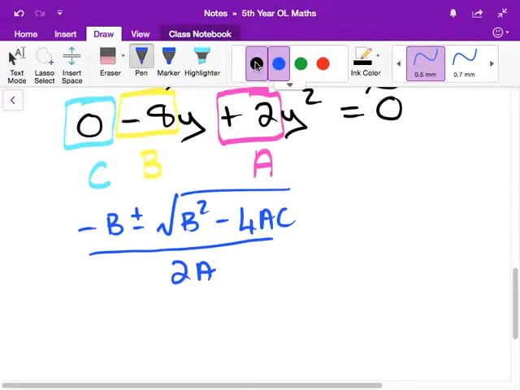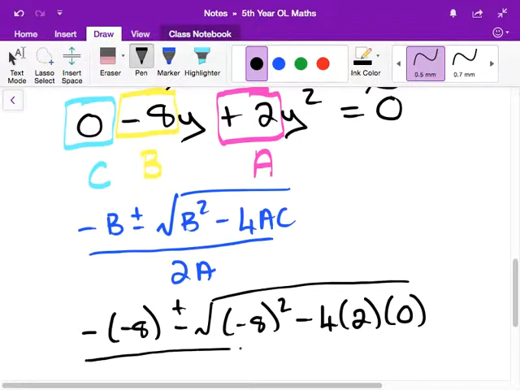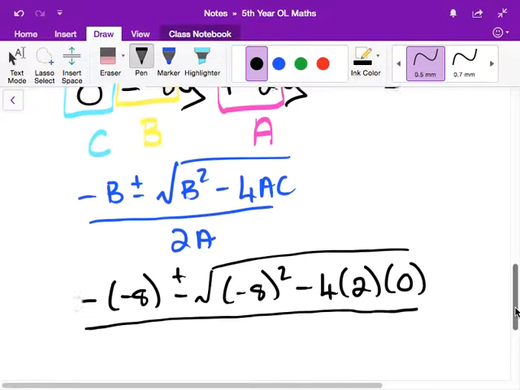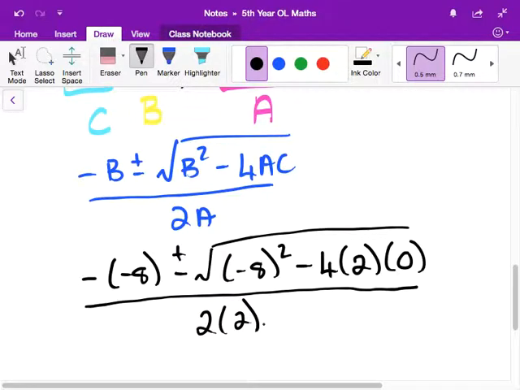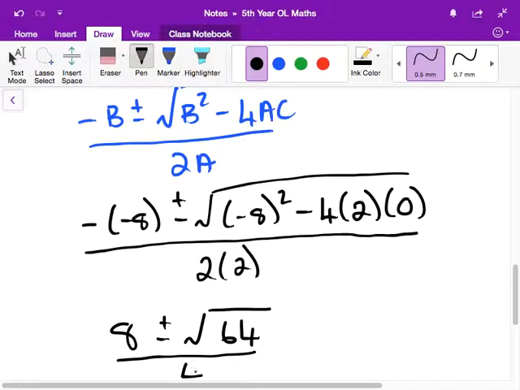Make sure we can see it. So that becomes minus minus 8 plus or minus the square root of minus 8 squared minus 4, a is 2 and c is 0. And that's all over 2 times a, which is 2 times 2. So the double minus over here becomes a plus, so it's just 8. Minus 8 squared is 64, and minus 4 by 2 is minus 8, but by 0 is just 0, so that's gone, and that's all over 4.